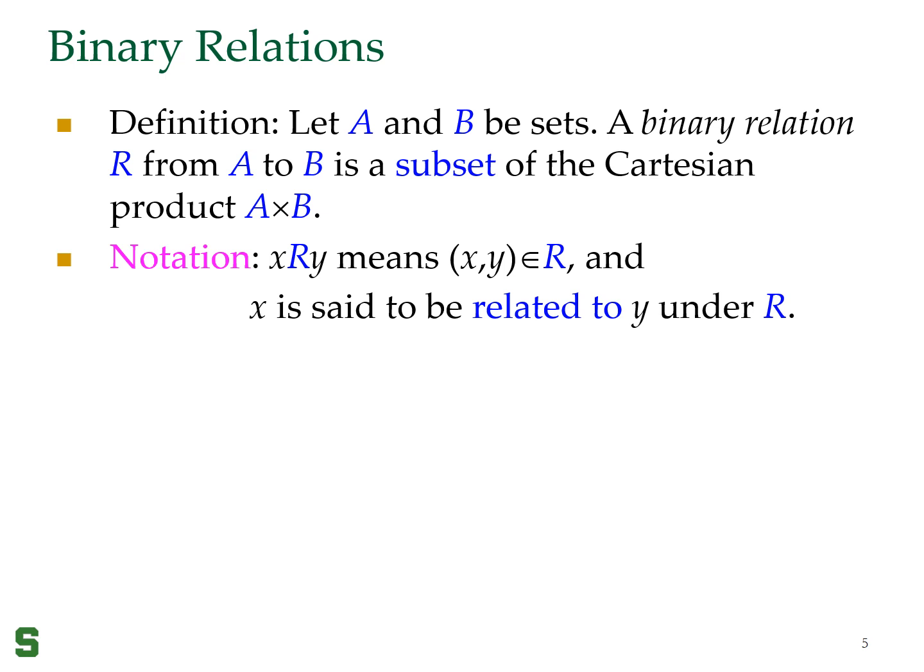In this case, we say x is related to y under R. If I write x R with a cross through it, y, that denotes that (x, y) is not in the relation R.